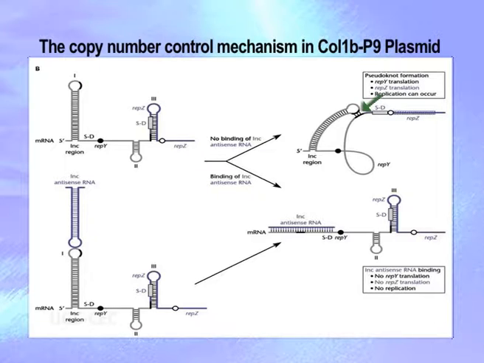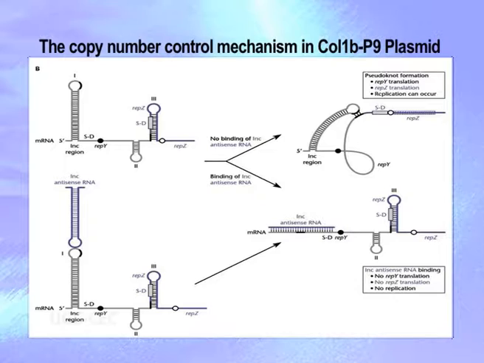So during the translation of the Rep-Y protein, it opens up structure 2 and facilitates a pseudoknot formation between components of structure 1 and structure 3. Because of this pseudoknot formation, the Shine-Dalgarno sequence for the Rep-Z gene gets exposed. And herein we can see that just translation of the leader peptide is promoting the translation of the Rep-Z gene.